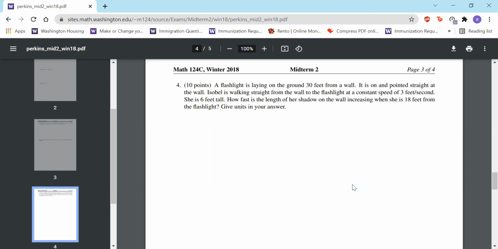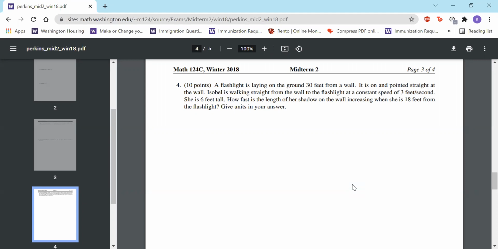She's walking straight from the wall toward the flashlight, so the x value is decreasing. So dx/dt is negative. And we need to find dy/dt when x is 18.